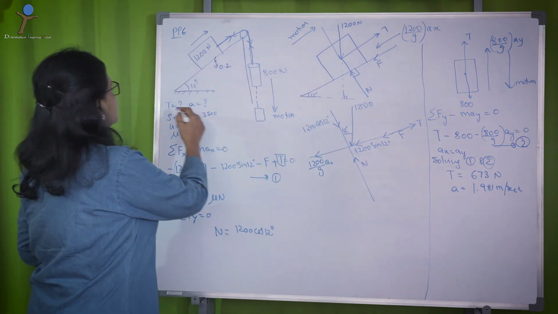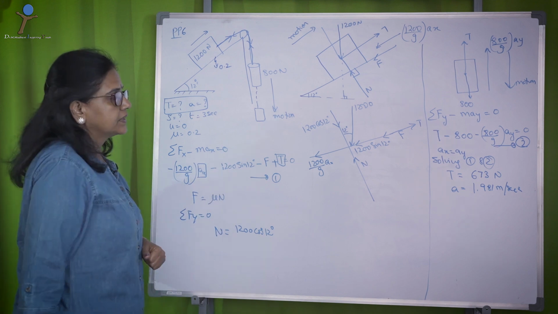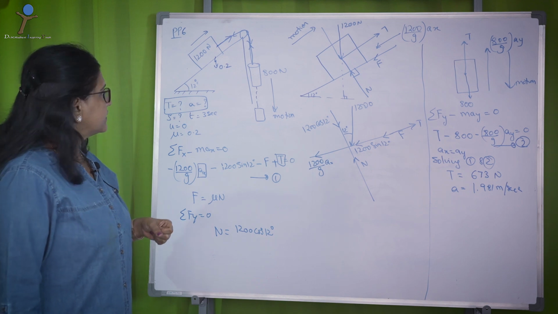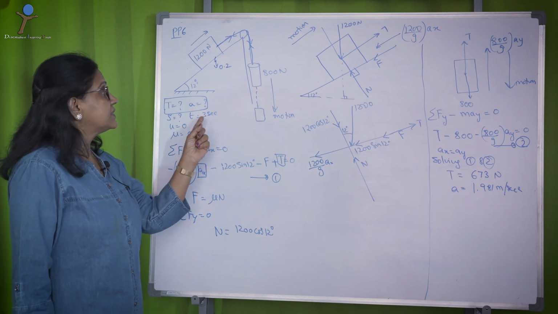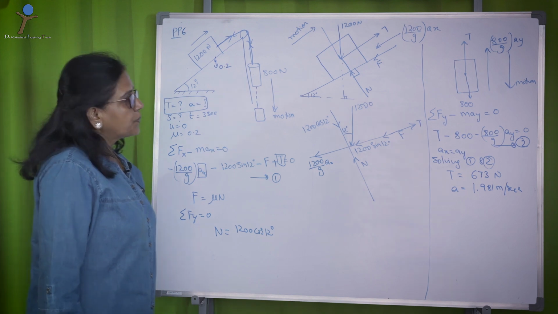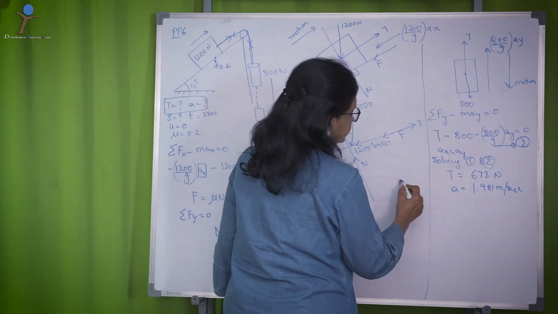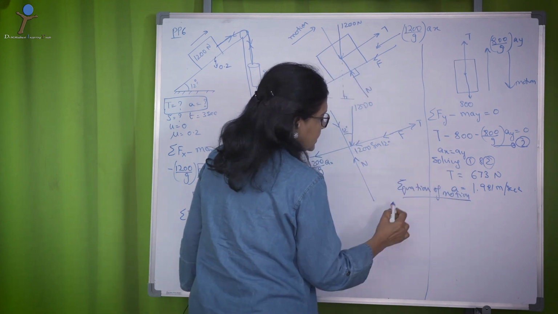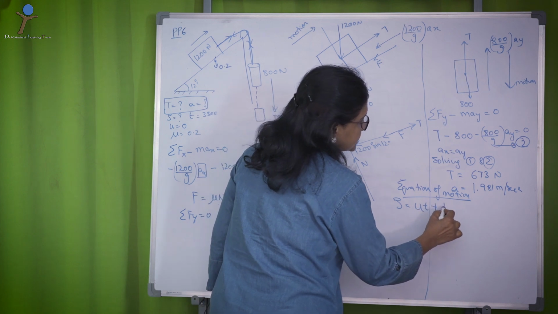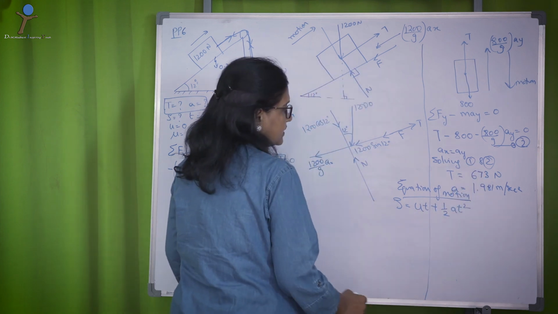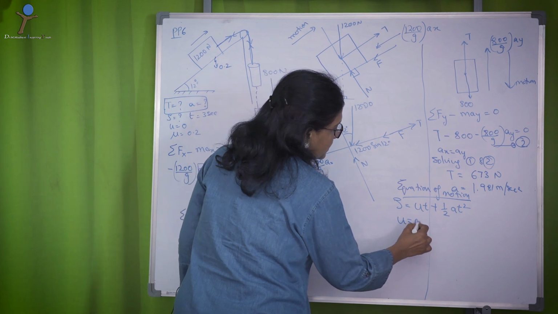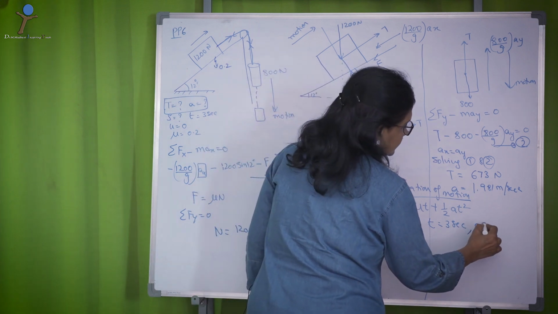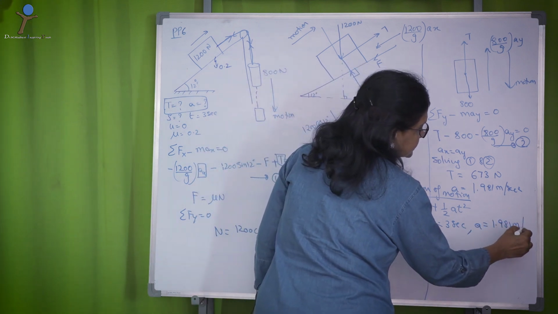Okay, the first two unknowns are calculated. The next question is, what is the distance covered by this 800 Newton body which started from rest after 3 seconds? Apply the equation of motion to the body, S equals ut plus half at square, given u as 0, t as 3 seconds, and acceleration obtained as 1.981 meter per second square.